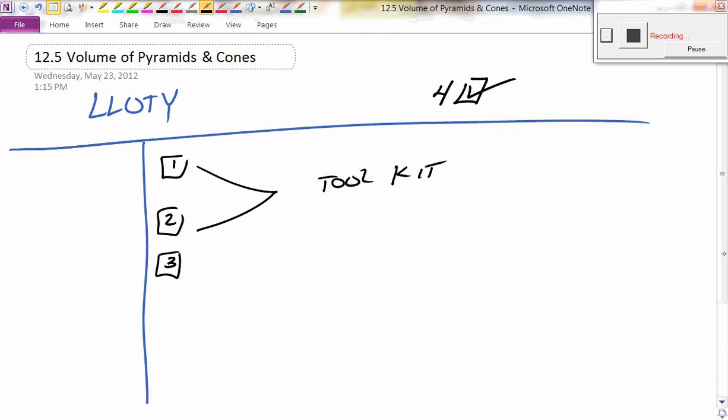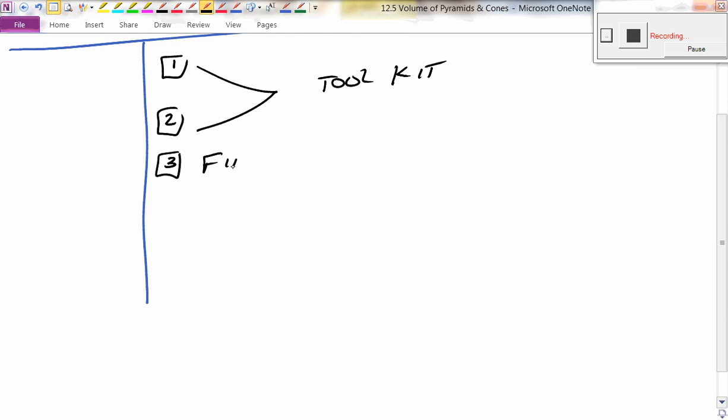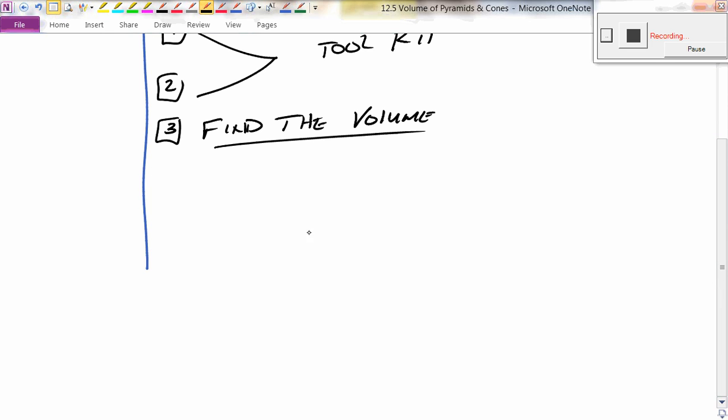So, third idea here. We're going to find the volume. Okay, I'm going to give you a pyramid here. It's going to be challenging to draw. It's going to be a regular pyramid, and it's going to look like this.